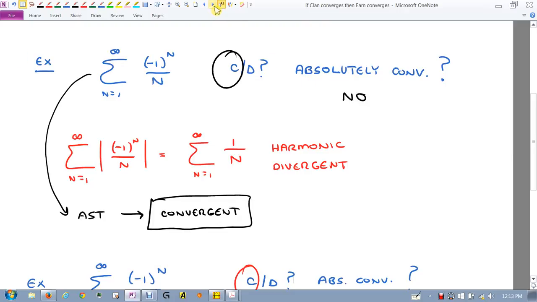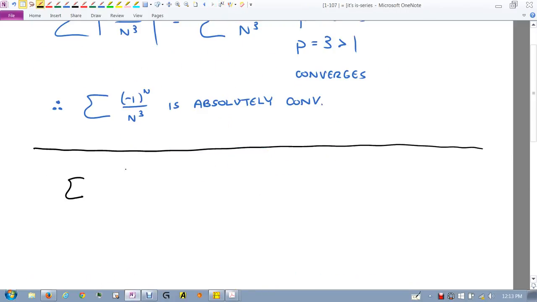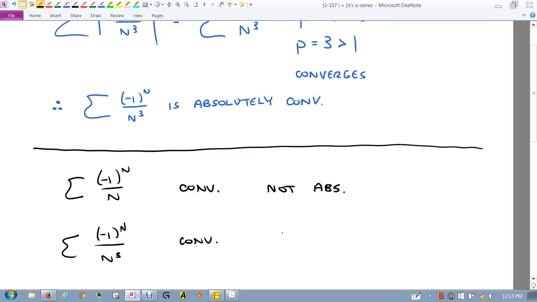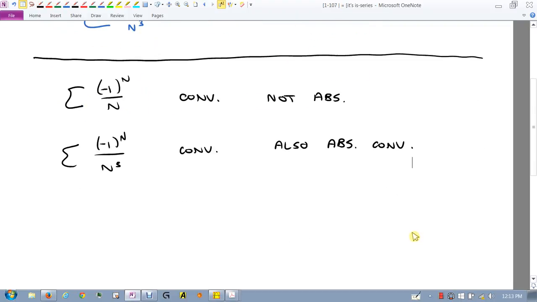No. So in this one, it was convergent, but not absolutely. This one that we just did was convergent and was also absolutely convergent. So just because you're convergent does not force you to be absolutely convergent, right? So being convergent is not enough to determine this, is it?